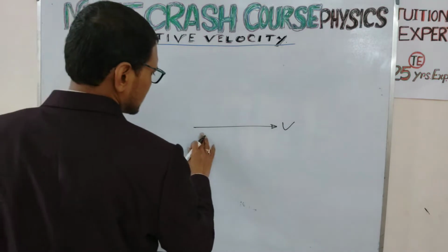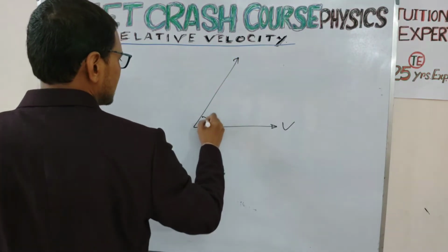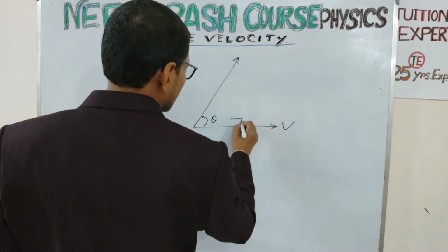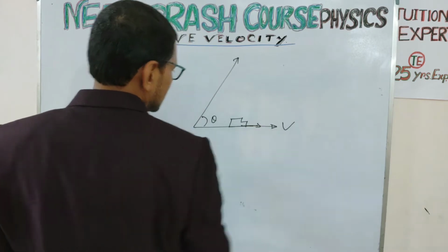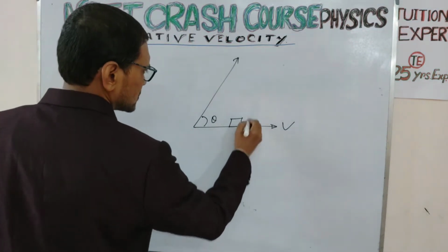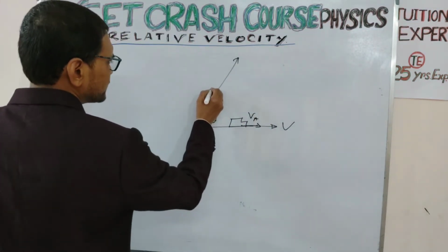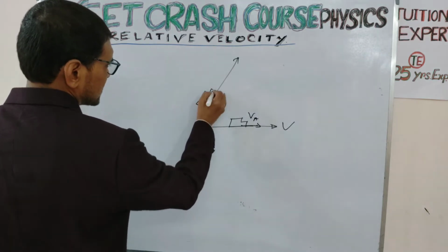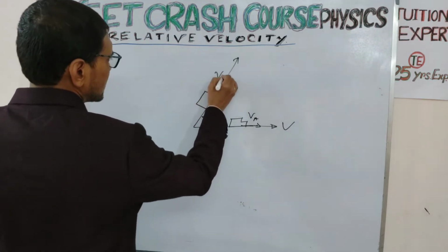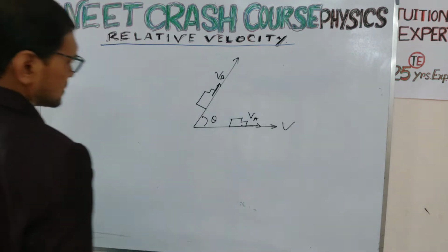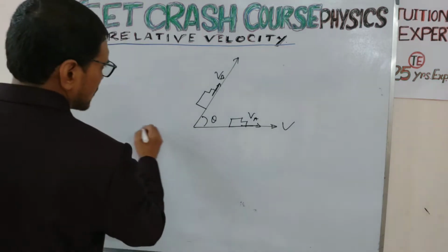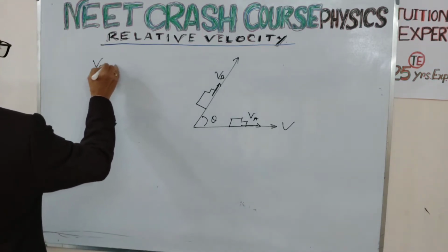Two roads are at an angle theta, and one car, car A, moves along this road, and another car, car B, moves along this road. Now what is the velocity of B with respect to A?